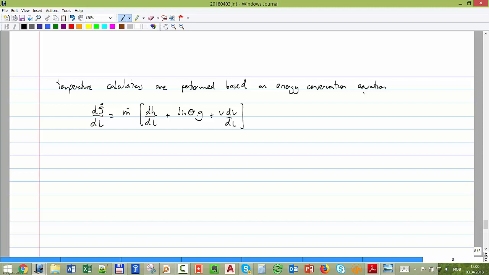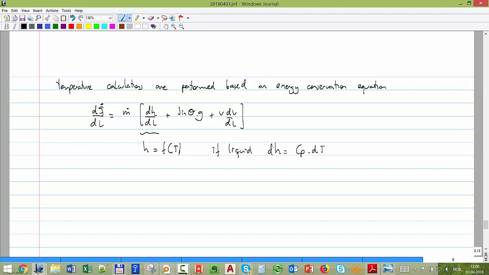And now the problem is to find it from there. Remember, h is a function of temperature, and can also be a function of pressure, but that depends on the fluid you have, if it's a gas or a liquid. For a liquid, dH is Cp times dT, right?